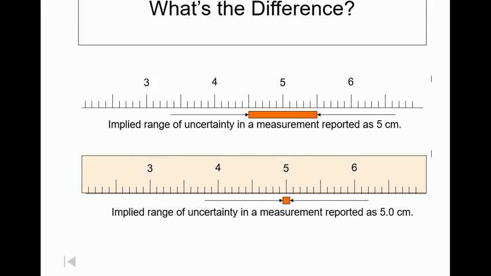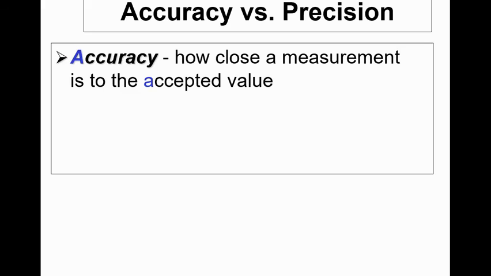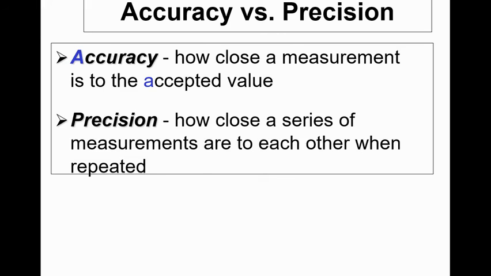And the difference between our balances that we could use, or rulers that we could use, or graduated cylinders that we could use, is that there is a range of acceptable answers. The more highly calibrated, the range of acceptable answers is more narrow, so that gives you a more accurate answer. So the things involved with measurements are accuracy and precision.